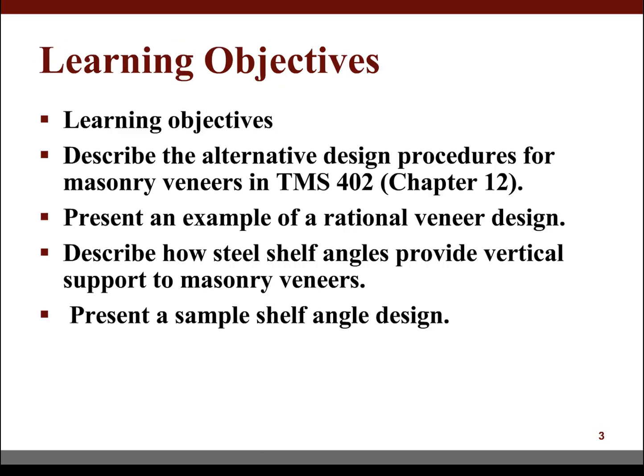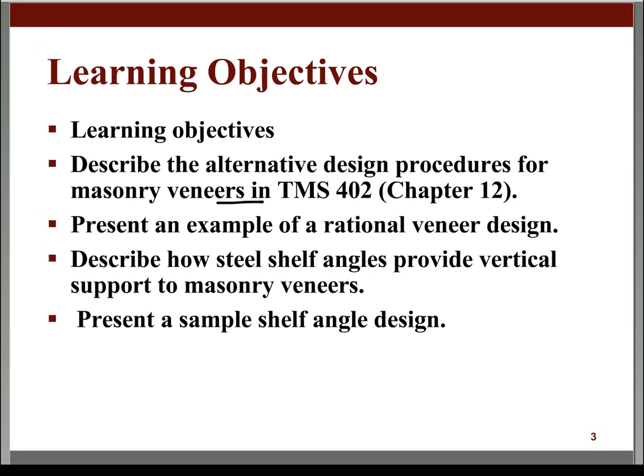All right, the learning objectives in here specifically are to look at these alternative design procedures for masonry veneers. We are going to look at the alternative procedures as I indicated in Chapter 12. We're going to present an example of a rational veneer design. I'm just going to do one there.